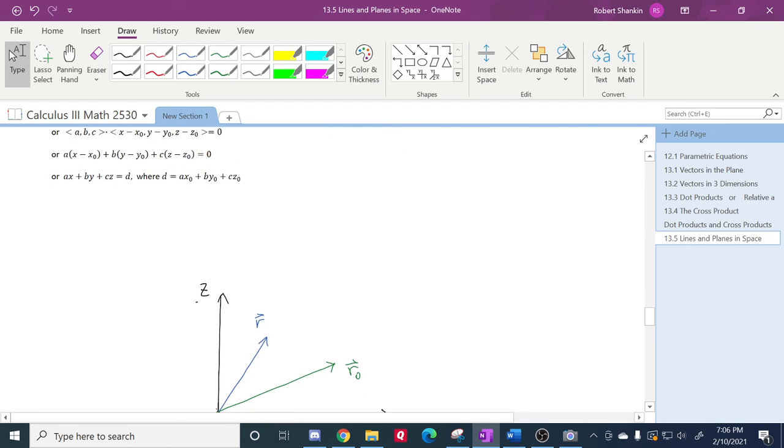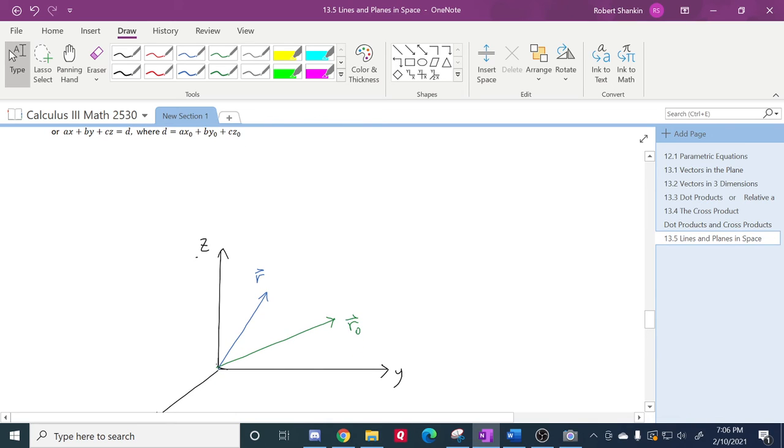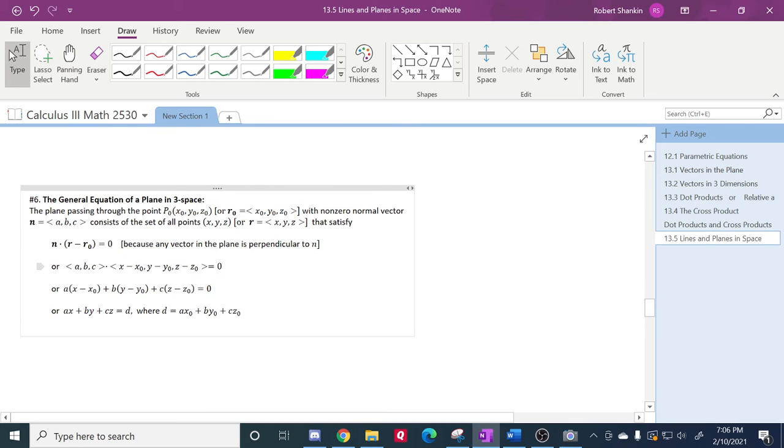And so r0 is this one. That's the fixed point. The plane has to go through that point. And it has to be perpendicular to n, which is a, b, c.